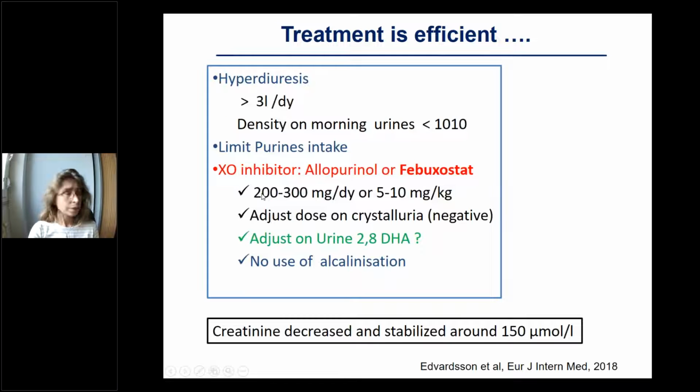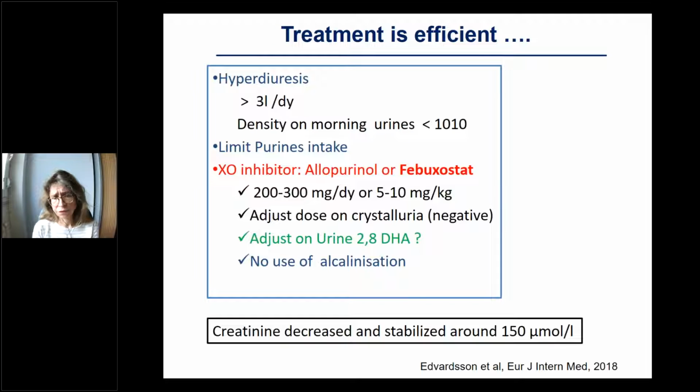You should use quite high dose of allopurinol, 200 to 300 milligrams per day. Sometimes it may be more, or febuxostat 5 to 10 milligrams per kilo. And then you will adjust the dose on crystalluria if available. The goal is to have a negative crystalluria, to have no more crystals in the urines.